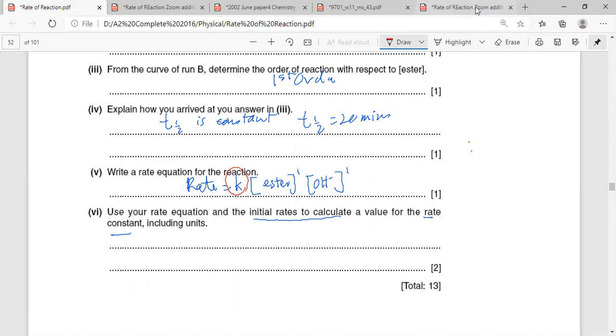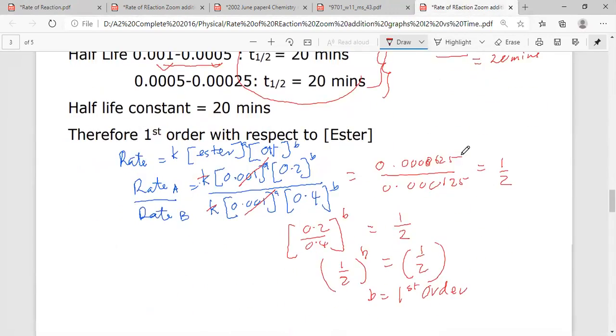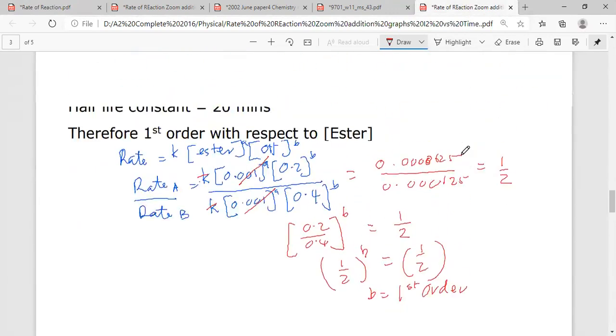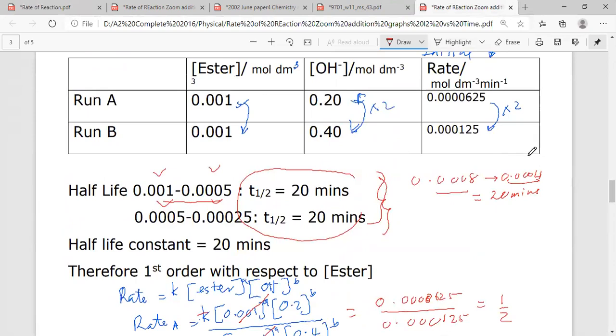It's easier here. So remember I've got rate equals K ester power 1 OH minus power 1. So for rate, you can use either this or this. Up to you.